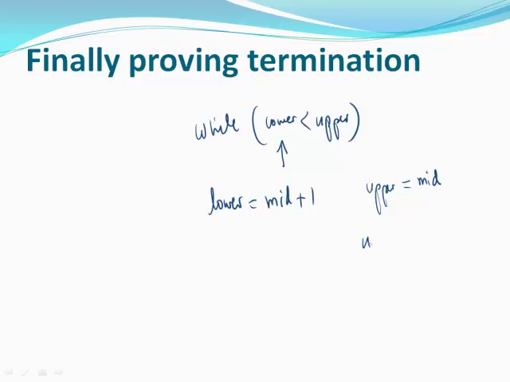Since we know that mid is strictly less than upper, the new upper is going to be less than the old upper, and hence upper is a decreasing value. So eventually we must reach the termination condition, that lower is greater than or equal to upper, and we can prove the loop termination.